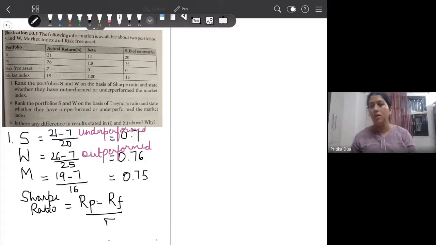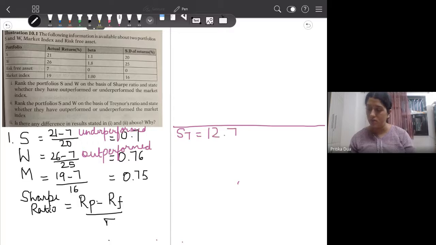Okay, so the ones who are solving have got the Treynor ratio for portfolio S as 12.72, for portfolio W, the Treynor ratio is 10.55, and the Treynor ratio for the market is 12.